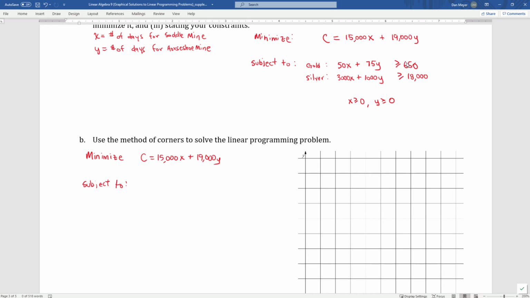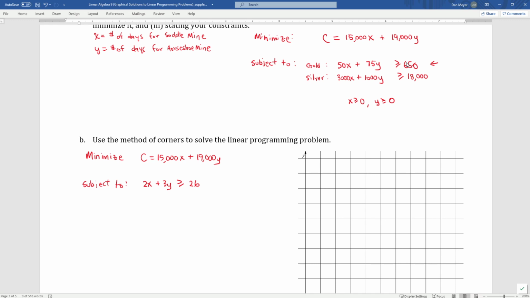So if I divide everything in this first inequality by 25, we get 2x plus 3y is greater than or equal to 650 divided by 25, which is 26. Everything in the second inequality is divisible by 1,000.